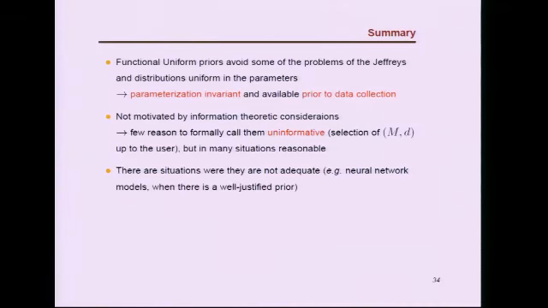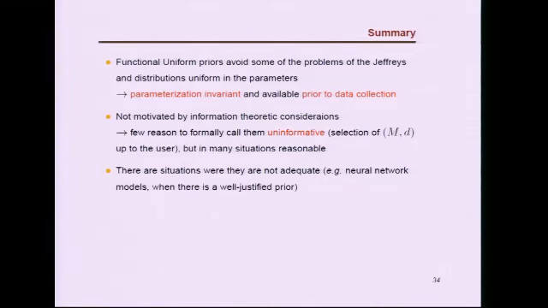They are not really motivated by any information theoretic considerations. That means there's not really a reason to call them formally non-informative, although they are obviously quite similar to non-informative distributions. But essentially, the selection of this space where you enforce this uniform distribution is up to the user. So the most I could call them is reasonable.